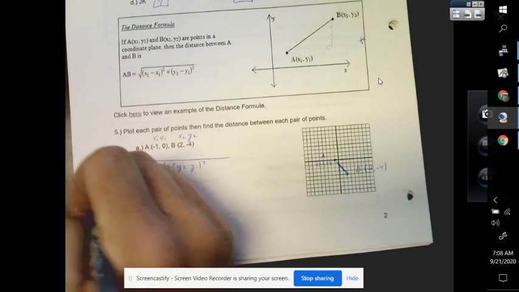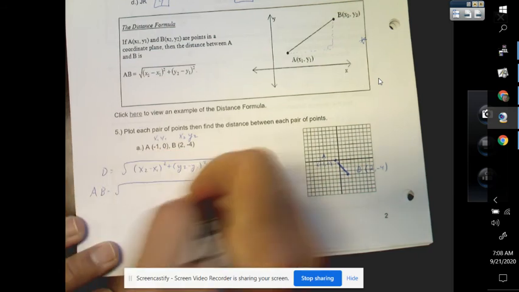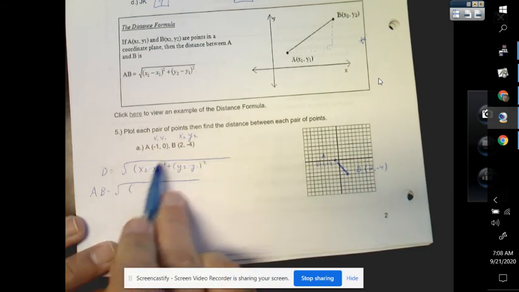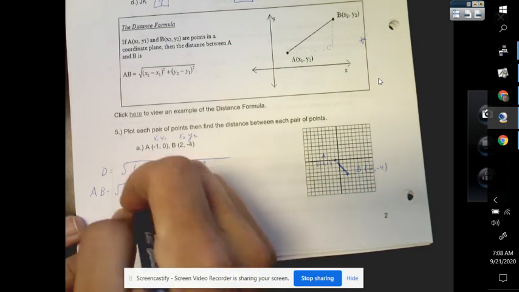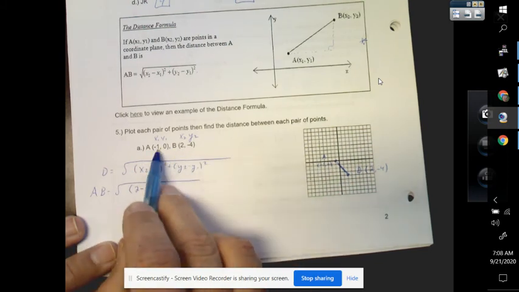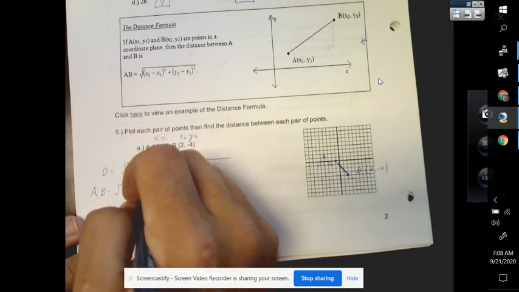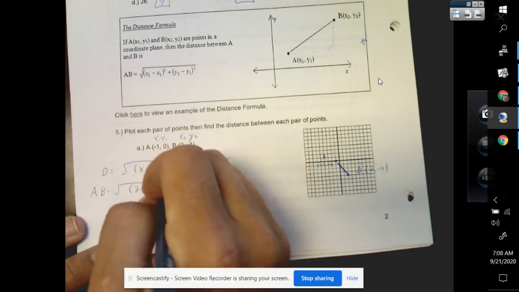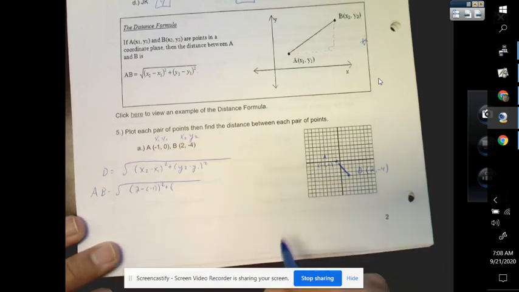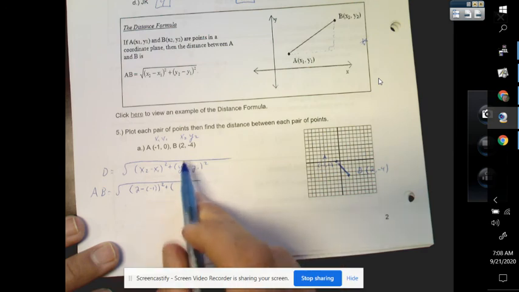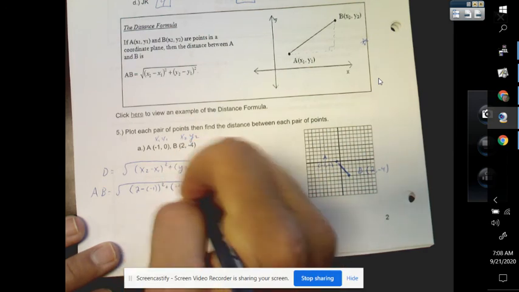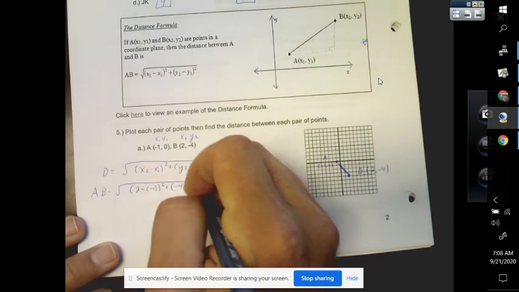So the distance of AB is equal to, now x sub 2 is 2. So I'm going to put 2 minus x sub 1, which is negative 1. That's why parentheses are so helpful. Y sub 2 is negative 4. Minus y sub 1, which is 0.